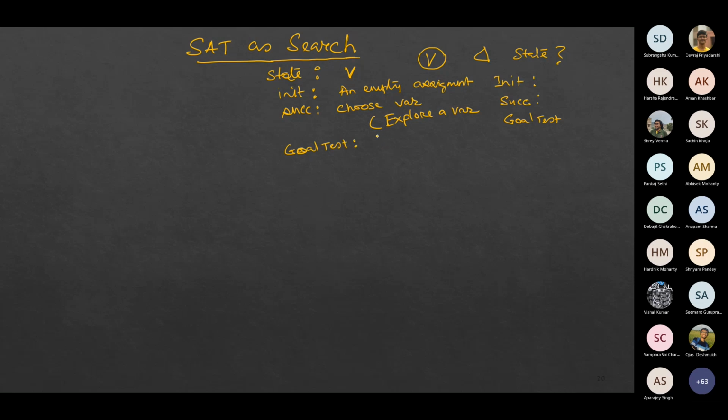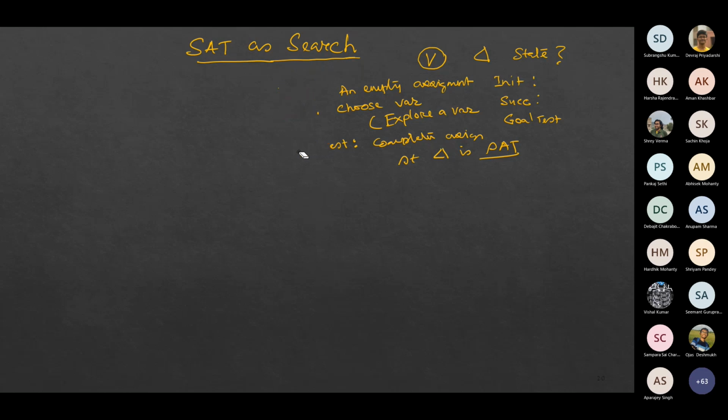Assignment of values to all the variables. Will that be a goal test? Such that the assignment is satisfiable. Right. So a complete assignment such that delta is satisfied, right? So now you can see that we can model the SAT problem as a search problem, right?